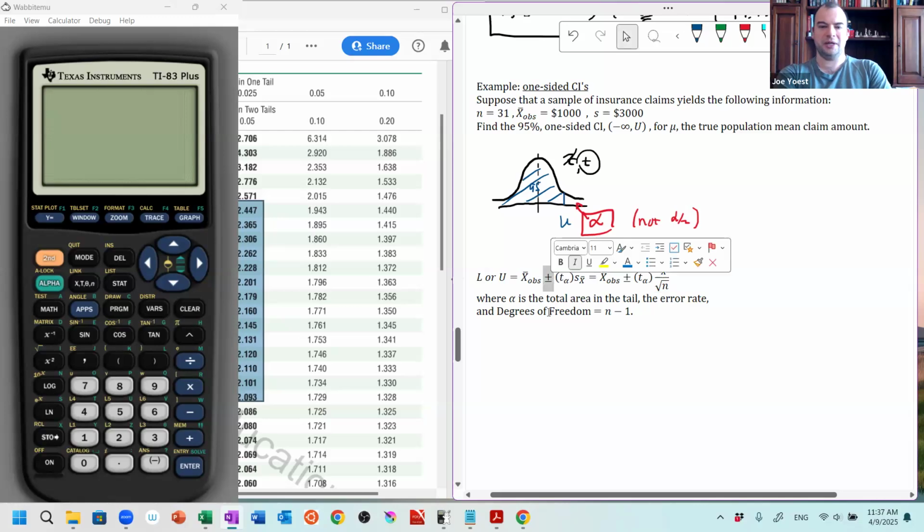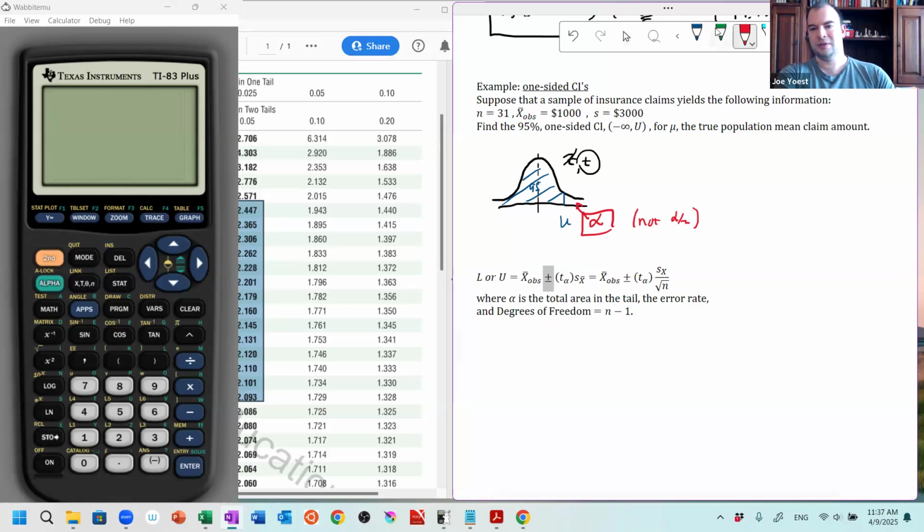And then I would use the appropriate either plus or minus, but not both. So here I would use U equals X bar observed plus a margin of error to the right for an upper bound and to the left for a lower bound. So for a lower bound, I use minus. T alpha, so I only go plus, and then I have T alpha. I put all of the error into a single tail times S over root N.